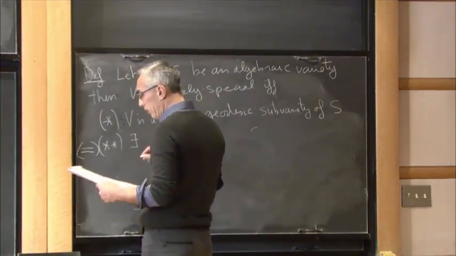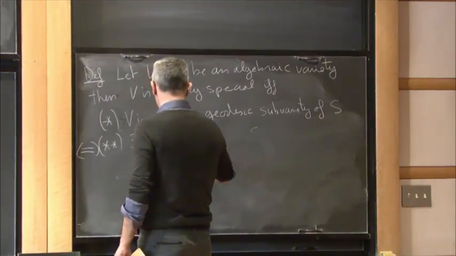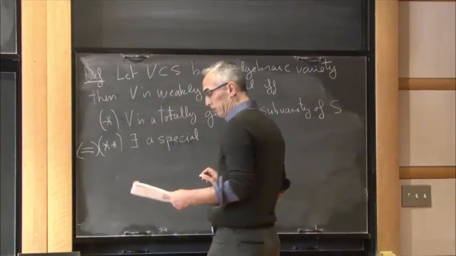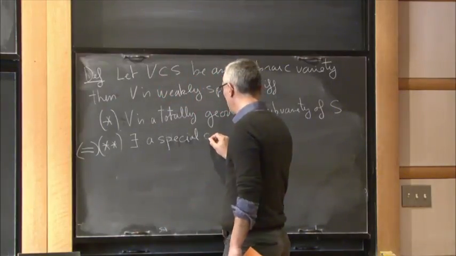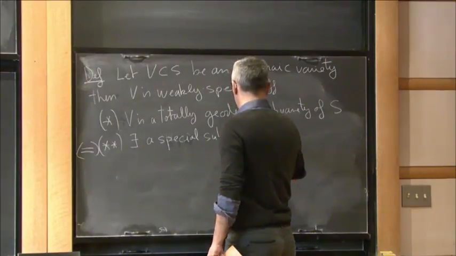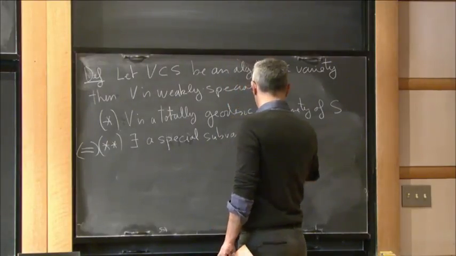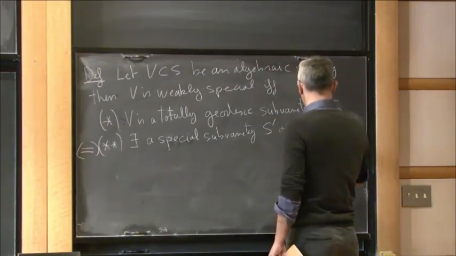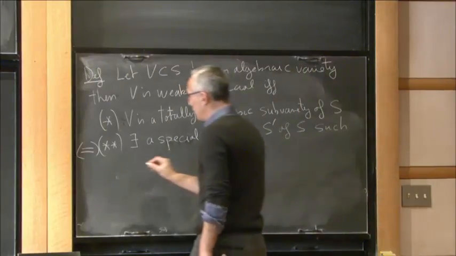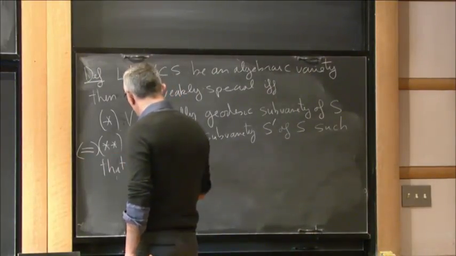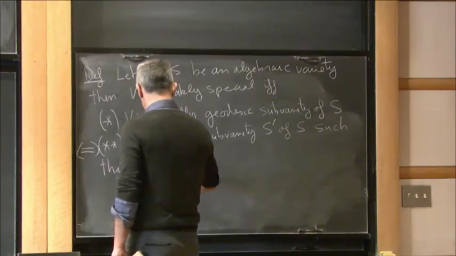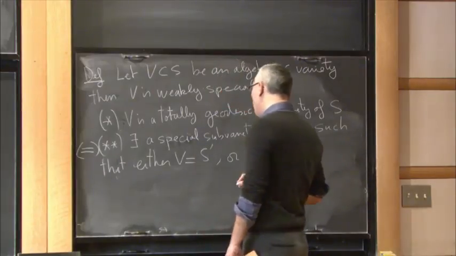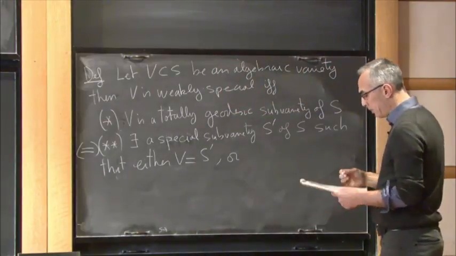There exists a special subvariety S' of S such that either V equals S', or S' appears to be a product.